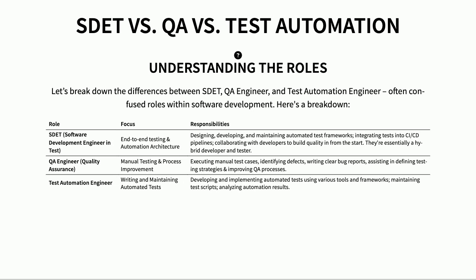Finally, the SDET is a bit of a superstar. They are not just testers or developers, but they bridge the gap by designing the whole automation architecture, integrating tests into our continuous integration pipelines, and collaborating closely with developers to build quality right from the beginning. It's about building tests into the software.